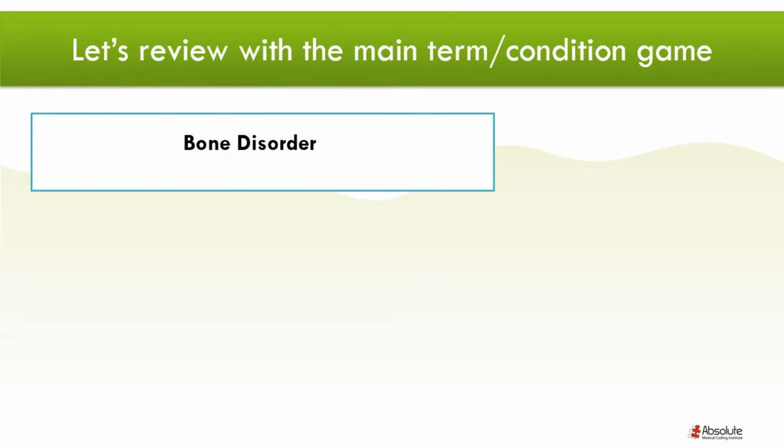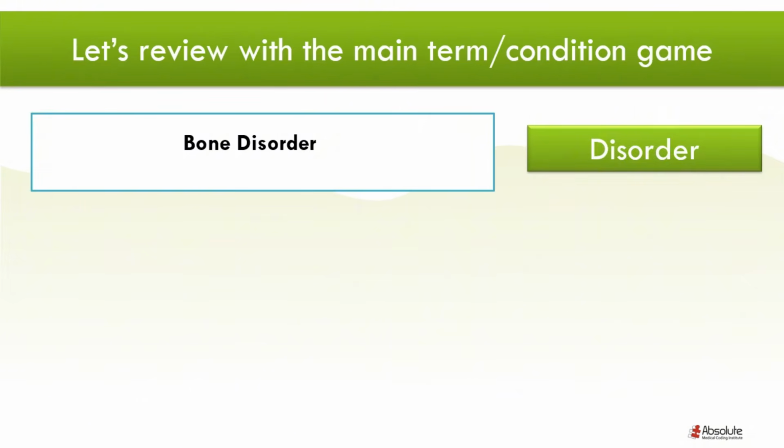Bone disorder. Of the two, which term is your main term? If you said disorder, outstanding. Now, why is disorder your main term? If you said because disorder is the word part that's doing something, outstanding, yes.